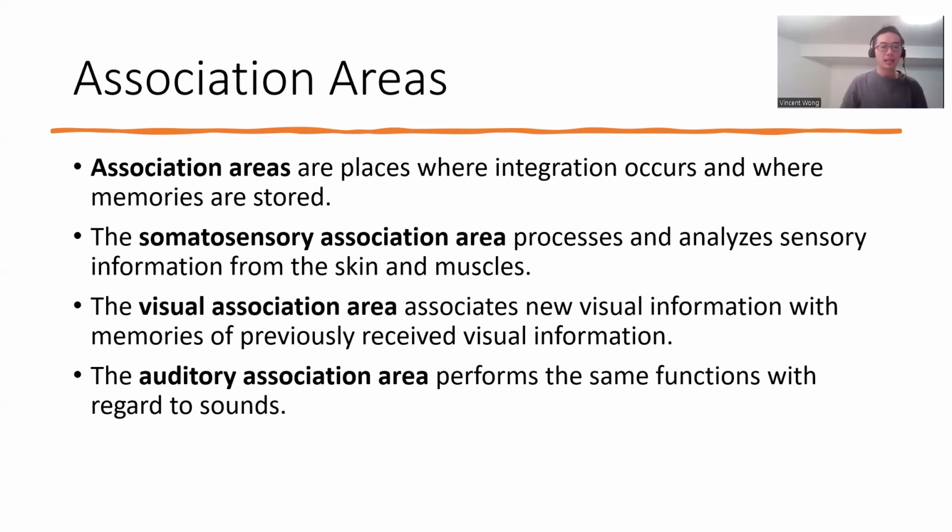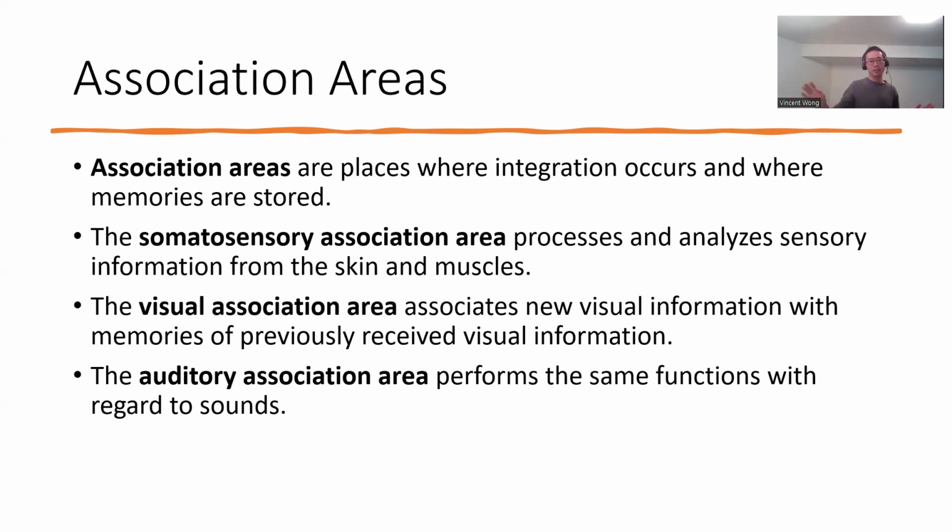I know it's all written out here, but basically, an association area is a dedicated region where you take a particular piece of information related to a particular sense, and then you analyze it and compare it with your memory to see if you've seen that before or heard that before. And if you haven't, then you might create a new memory for it.